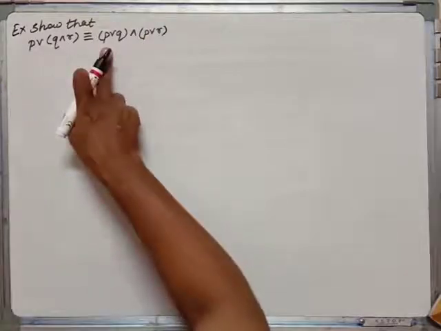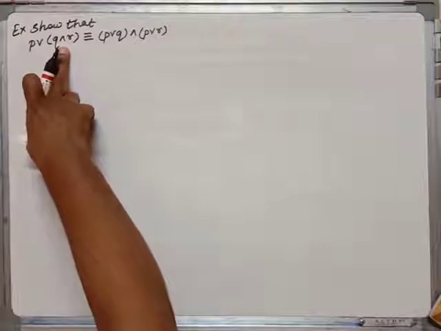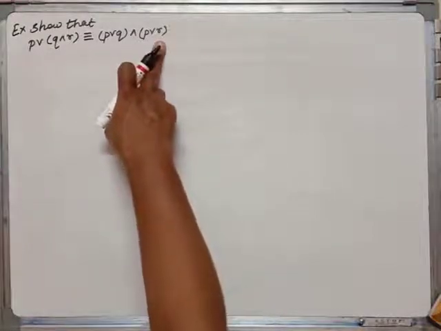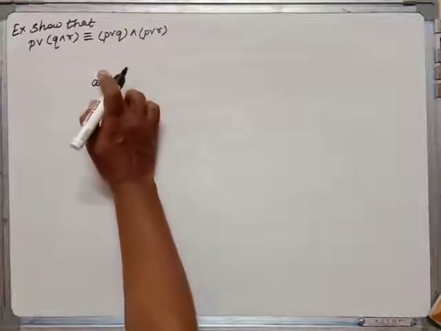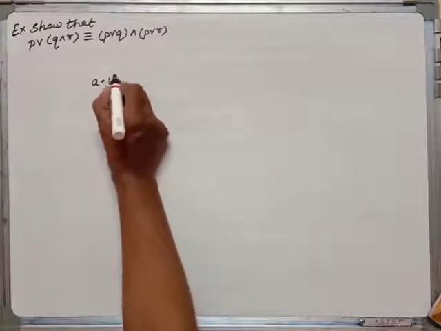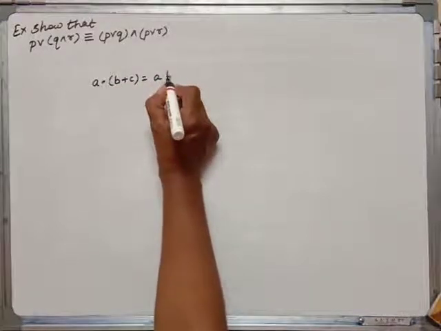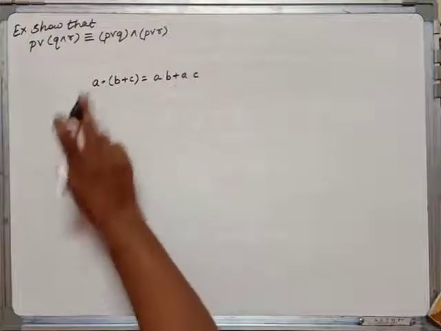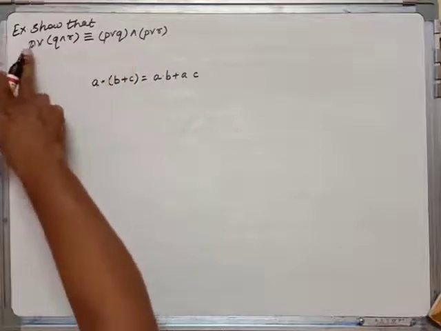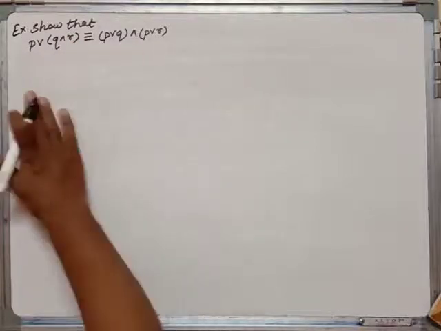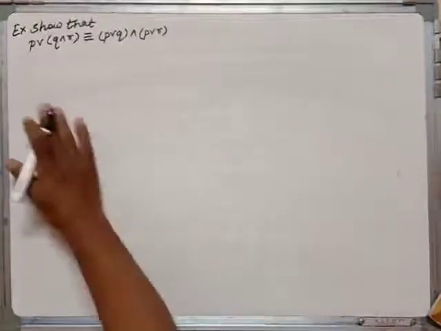Look at it carefully, it is nothing but a distributive property, where or distributes over and, just like A into (B plus C) is the same as A into B plus A into C. Just like that, we have P or Q, and in between them P or R. So let us check the equivalence of this using a truth table.